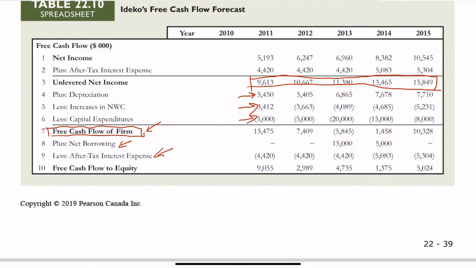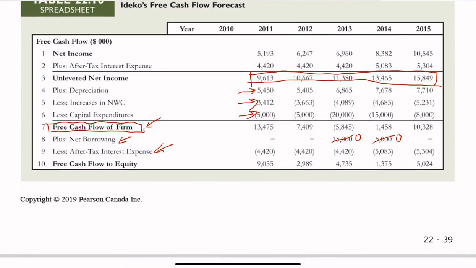So what I can see here is under this alternative leverage policy, net borrowing will be zero in 2013 and 2014 because we have assumed the firm would not have additional borrowing in these 2 years. And because we don't have additional borrowings, the firm's interest expense should be the same as prior years.